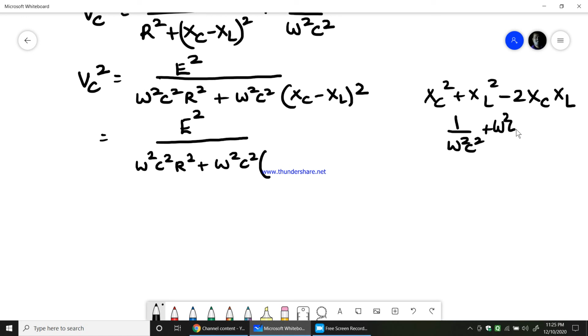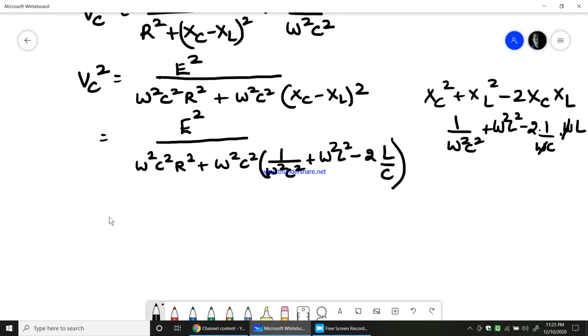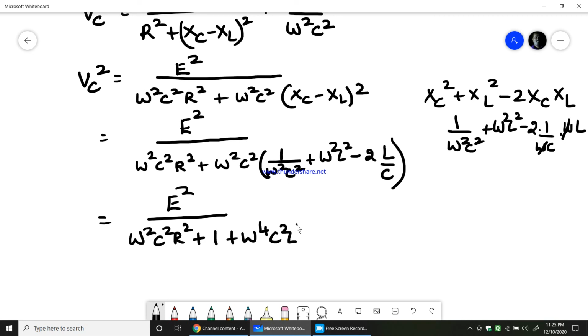XL square is omega square L square, minus 2 times 1 over omega c into omega L. Therefore you get 1 over omega square c square plus omega square L square minus 2 times L by C, which is equal to E square by omega square c square R square plus, as this omega square c square gets multiplied with this, 1 plus omega to the power of 4 c square L square minus 2 times L omega square c.